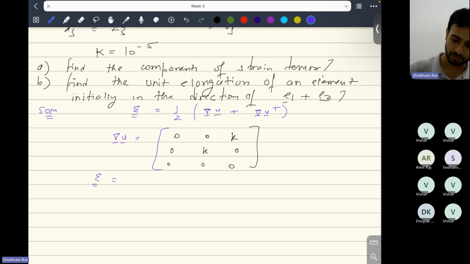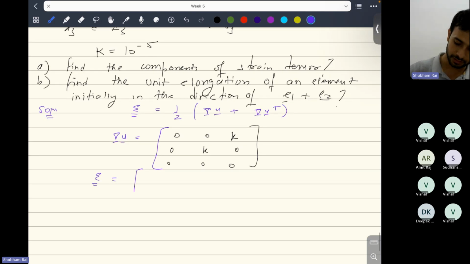Now you can easily calculate your infinitesimal strain tensor. That is given by half of grad u plus grad u transpose. So 0 plus 0 will be 0, here this will also be 0, and here you will get k plus 0 divided by 2, so that will be k by 2. Here you will get 0 again, and here you will get k plus k divided by 2, so that is k.